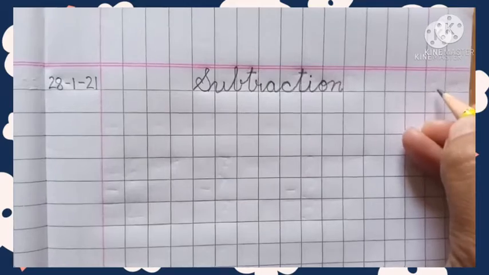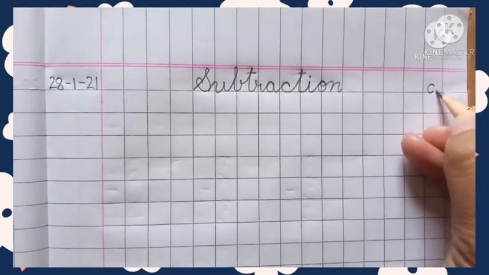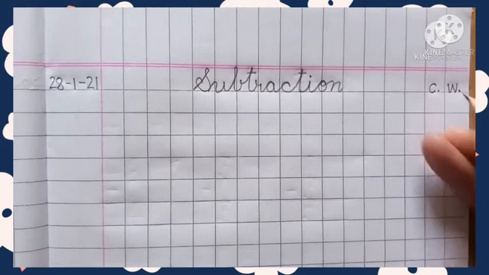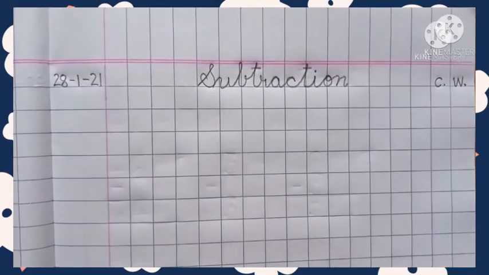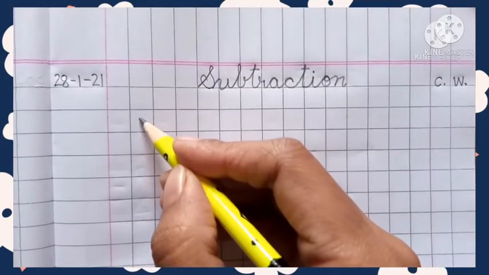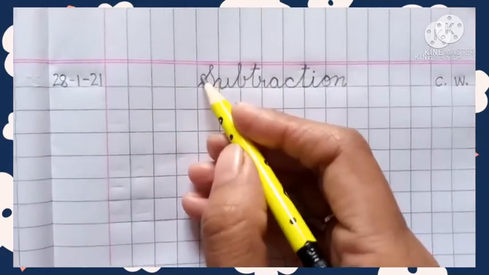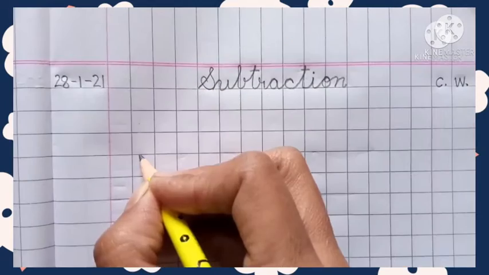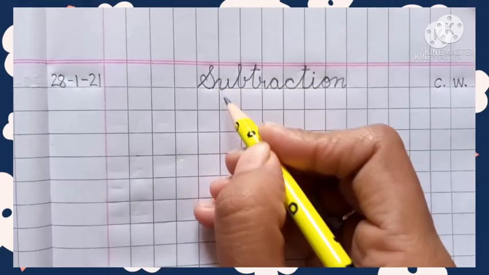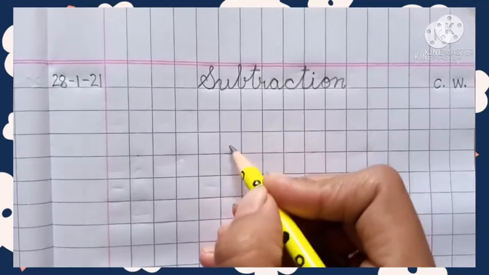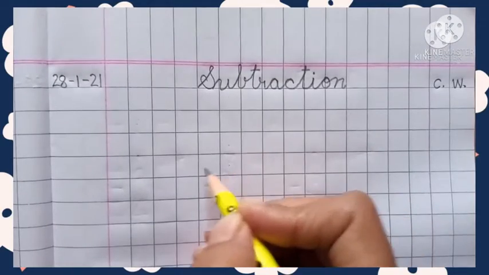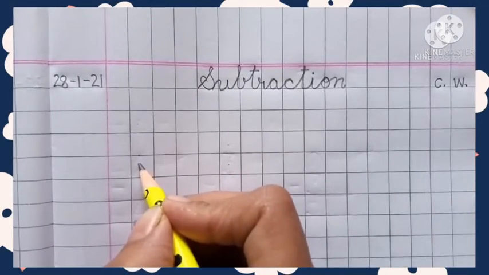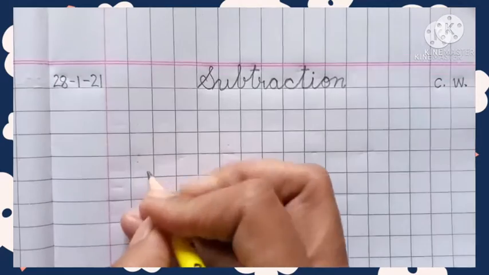And here, CW. Now leave 3 boxes from our heading and we will start the first sum from the second line.